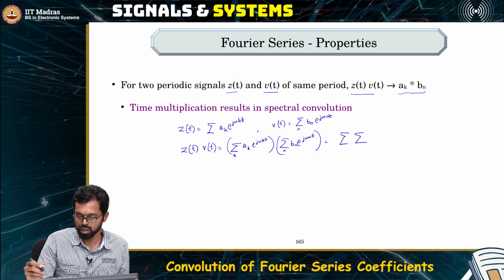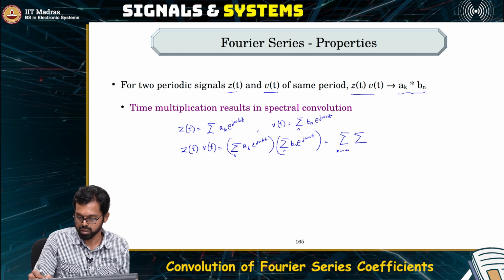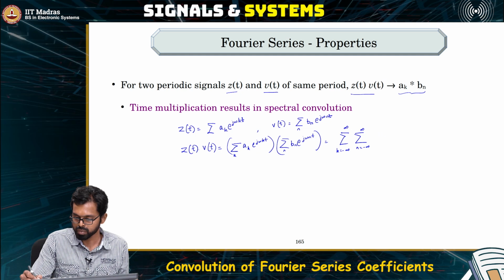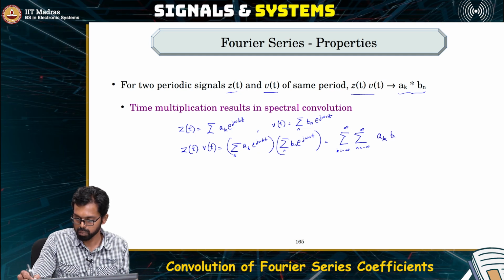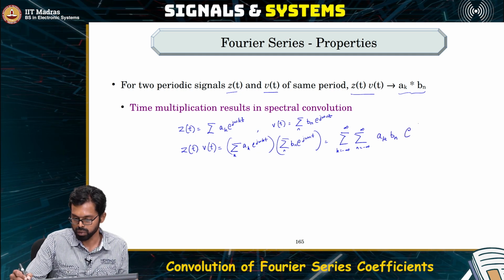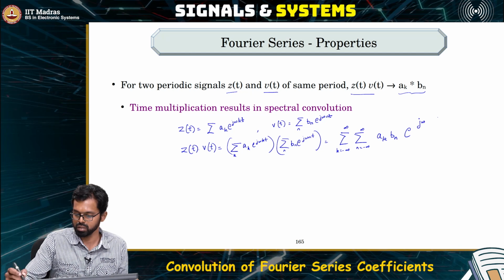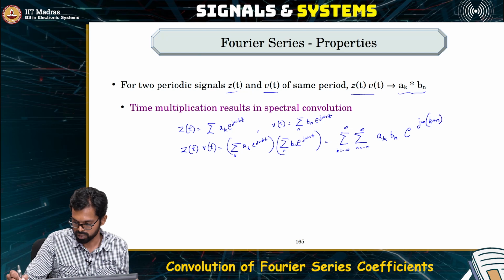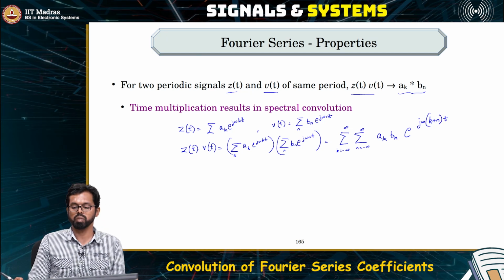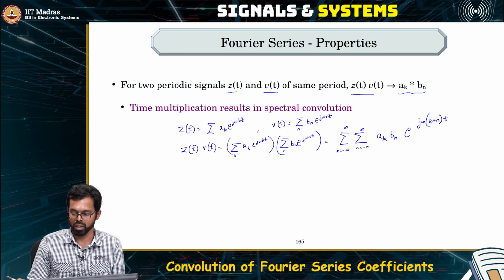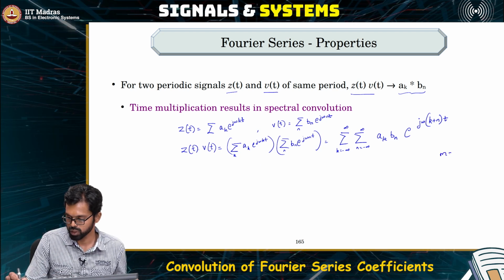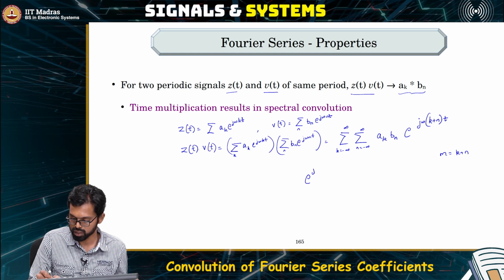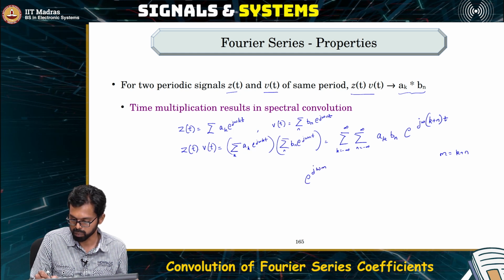This is the sum over k equals minus infinity to infinity, n equals minus infinity to infinity, a_k b_n e^(jω(k+n)t). So when we multiply these two together, this is what we get. Let m be equal to k plus n. In other words, what are we saying? So the phasor is now e^(jωmt).